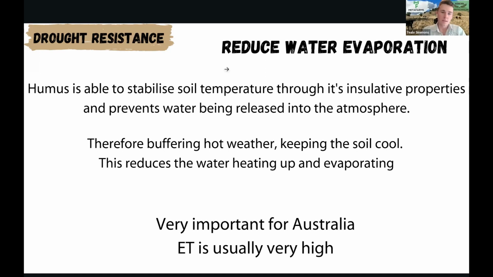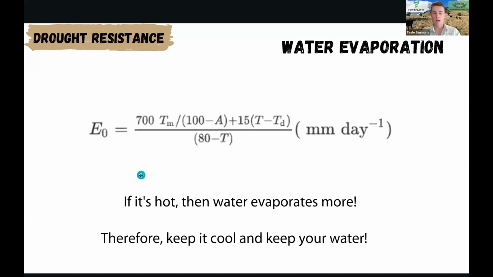This equation is a simple equation to estimate the evaporation at any point. Essentially, this T here is almost a fixed variable. Actually, it's dependent on temperature. This is dew point. That's altitude. And so we have this T here and this T here.